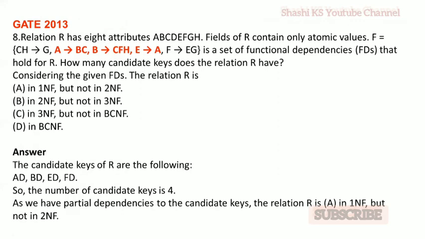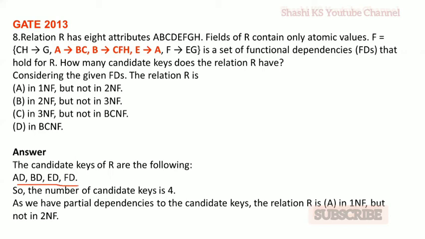The next question is, the relation R has 8 attributes. Fields of R contain only atomic values, and we have a set of functional dependencies. Considering the given FDs, they are asking the relation R is in which normal form. Okay, first we find the candidate keys for the given relation. The candidate keys are AD, BD, ED, and FD.